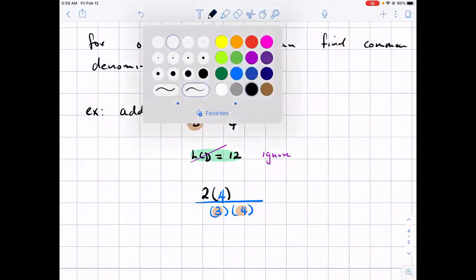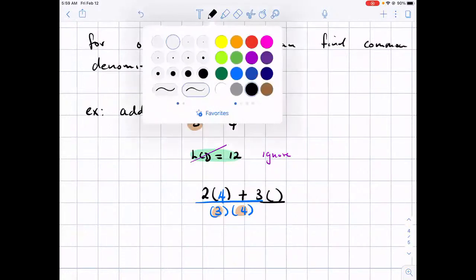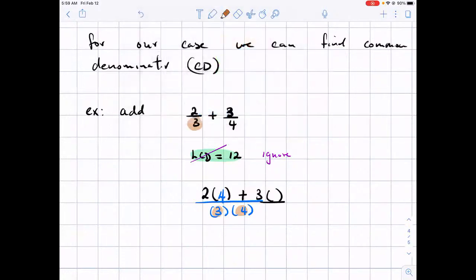Plus, I'm going to take this 3, and I have to multiply that by something. Well, let's do it again. Look at this denominator here. It's a 4. But over here you have a 4 and a 3.